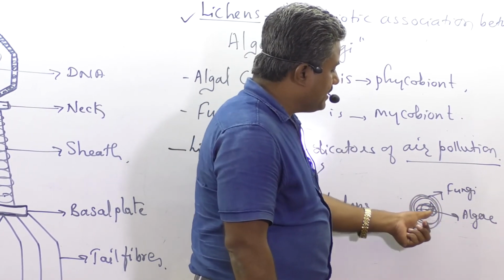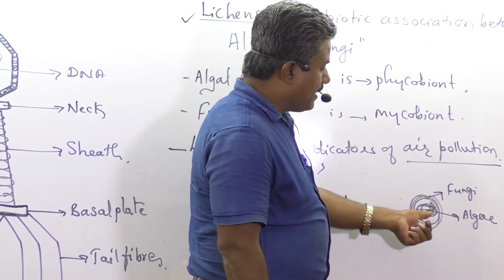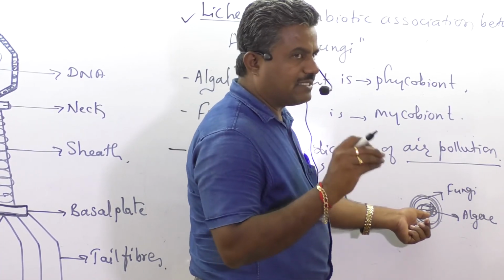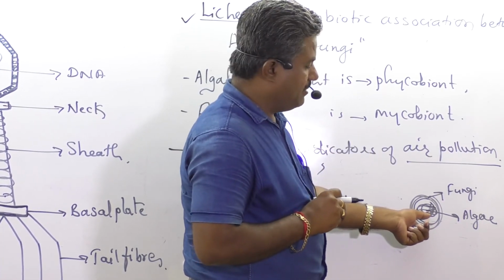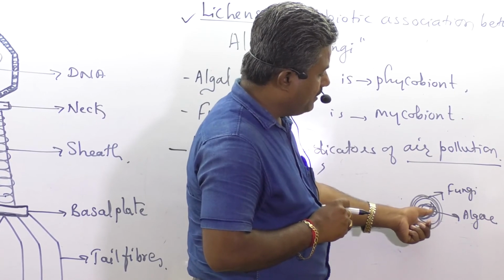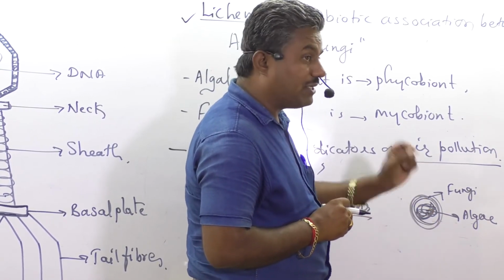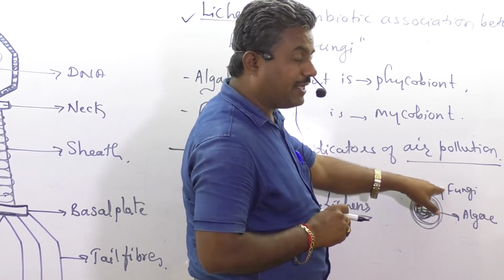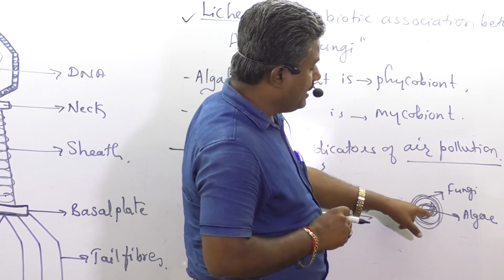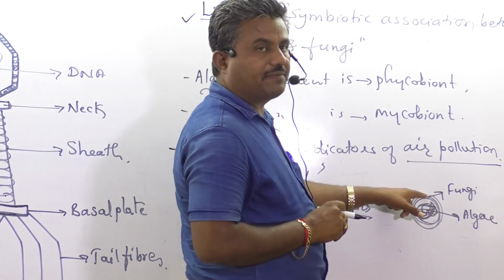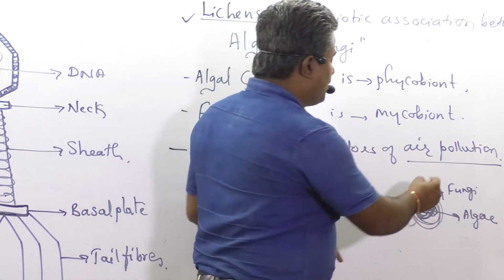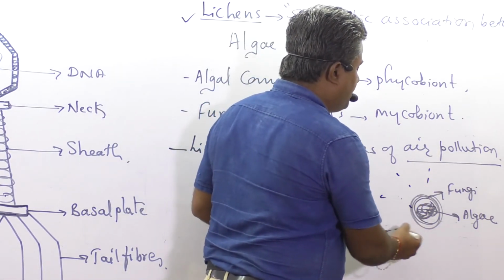Algae present inside synthesize the food molecule because they are green in color. That food is prepared by using the water supplied by the fungi, and that food is supplied to the fungi. Fungi absorb the moisture from the atmosphere.